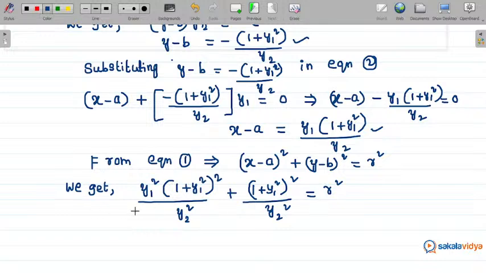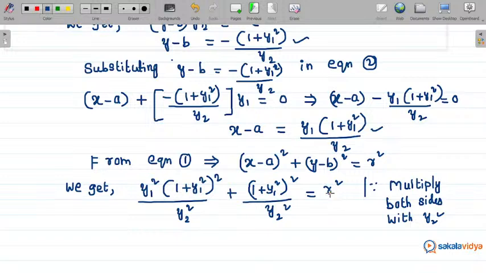So multiply both sides with y2 square, or take the LCM y2 square and cross multiply. Then what do you get? y2 square into the first term, y2 square gets cancelled. y2 square into the second term, y2 square gets cancelled.